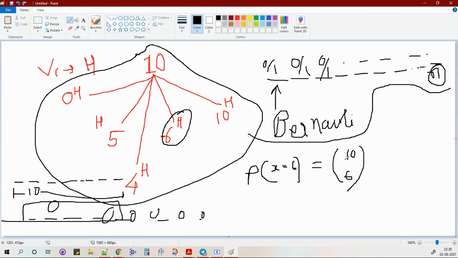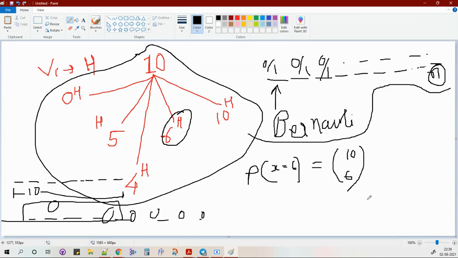So there are 10C6 ways to arrange these 6 heads out of these 10 places, because it is possible that he wins the first 6 matches, or the last 6, or alternating, like 1 2 3 4 5 and 7, like that. So there are a total of these ways.